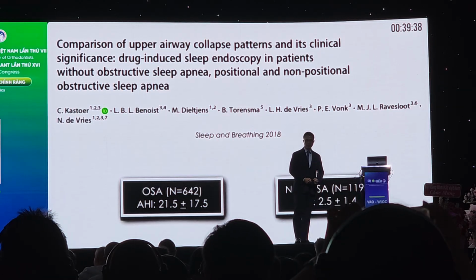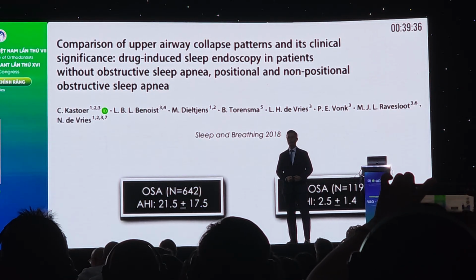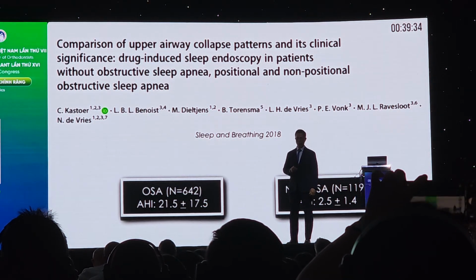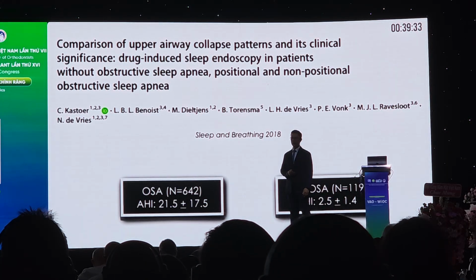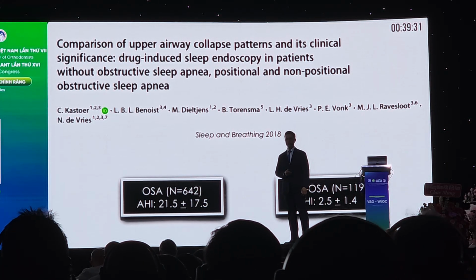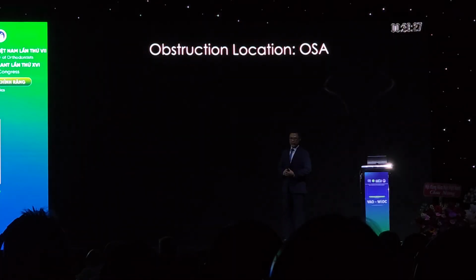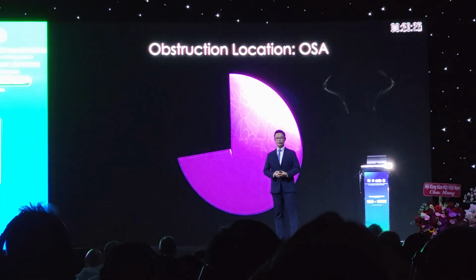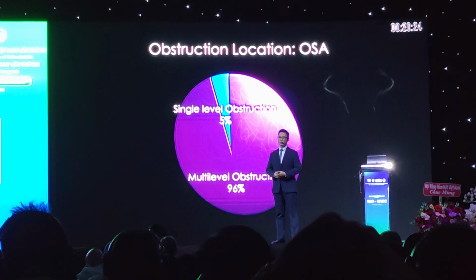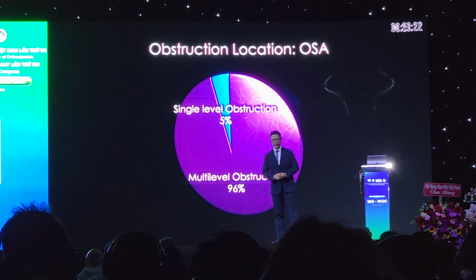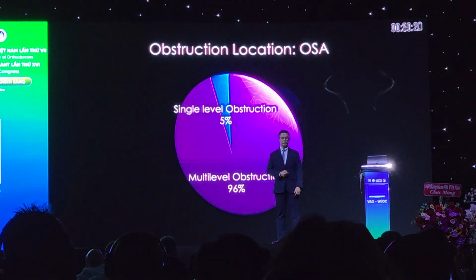So there is one study, 2018, with a huge number of cases. They had over 642 cases of obstructive sleep apnea, and they were trying to see where the obstruction site is. In most of the cases, they are multi-level obstruction, 96%, and only 5% are single-level obstruction.